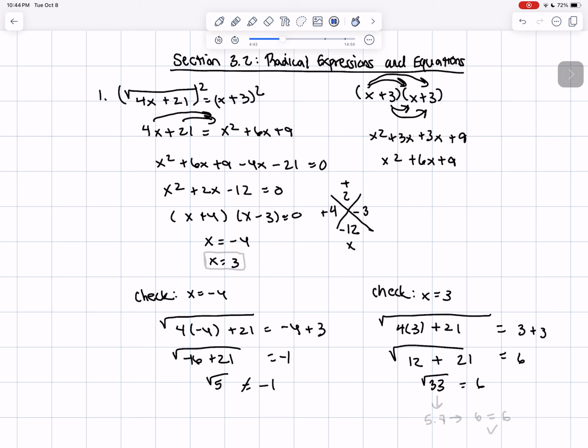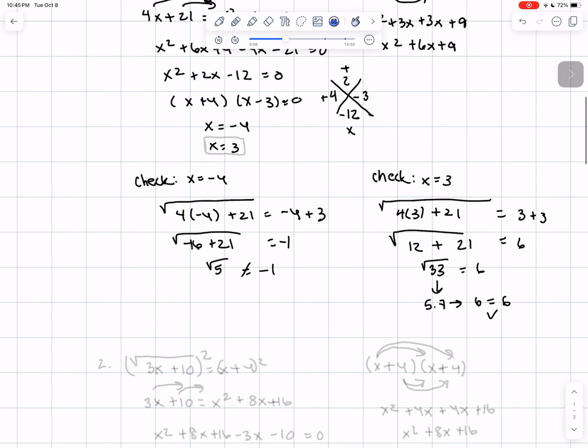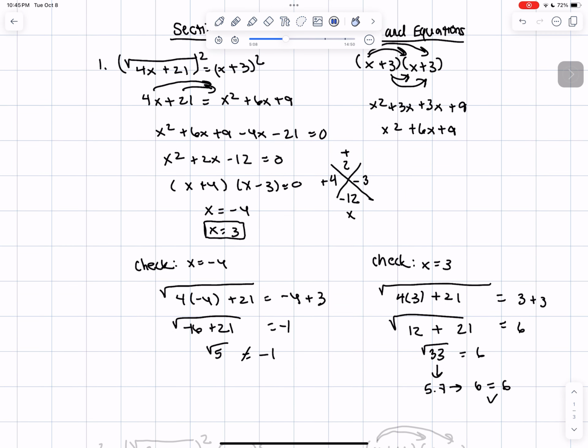Well, let's see. Does the square root of 33 equal 6? The square root of 33 is going to be 5.7, but rounded up is 6, so it does work. So we know that 3 is our solution.